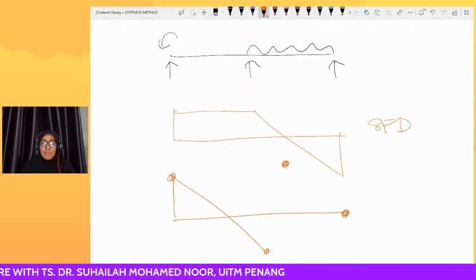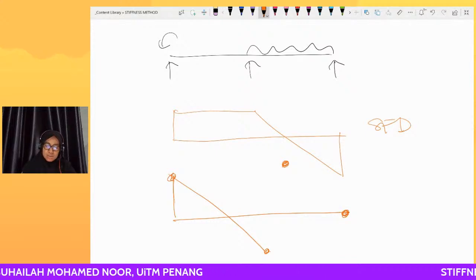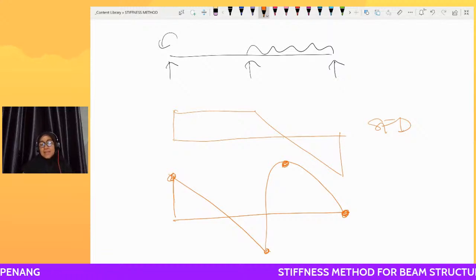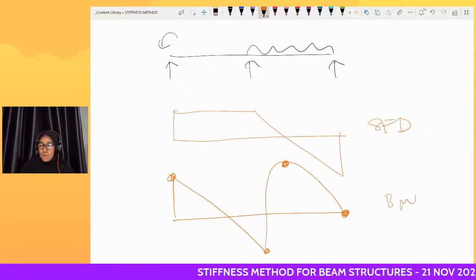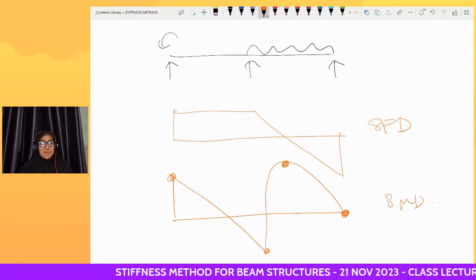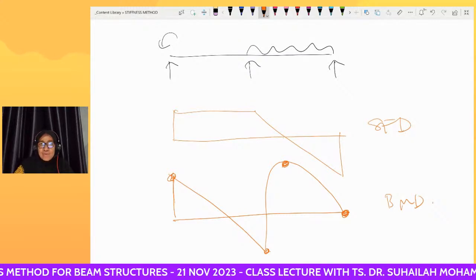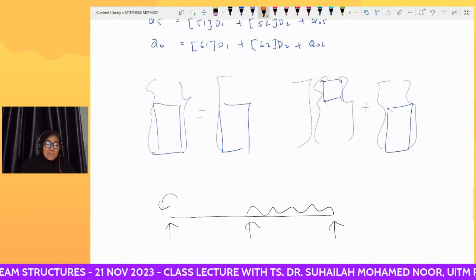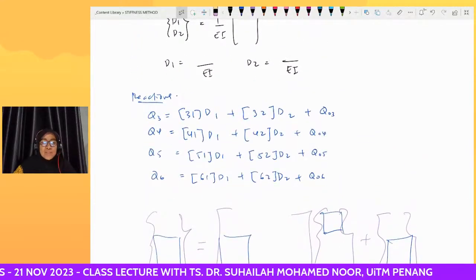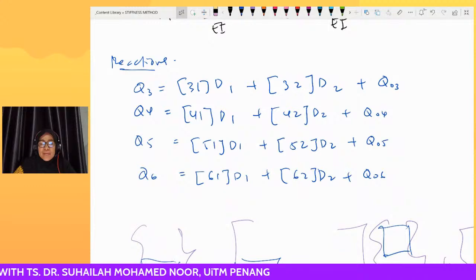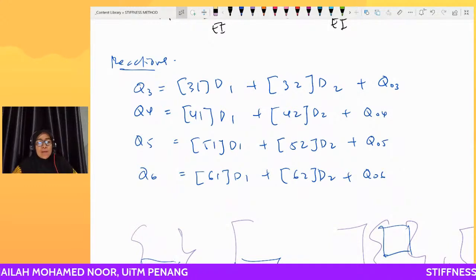This is zero moment because of the roller, so it is basically like this for the bending moment diagram. So the values in the diagram we should get after we get all the reactions, Q3, Q4, Q5, Q6.